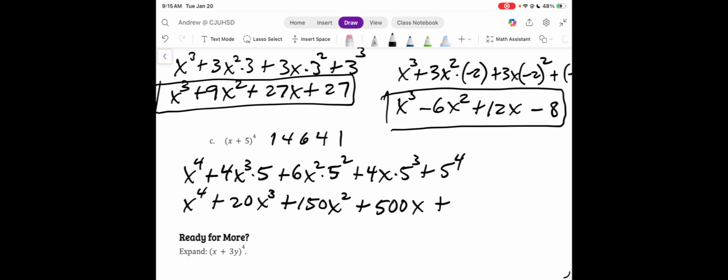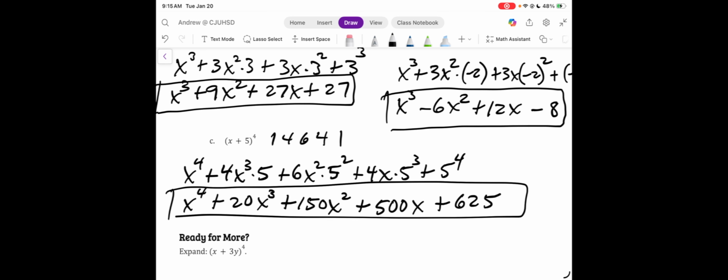And let's see, 5 to the 4th is 625. But it sure beats doing it the long way, definitely.